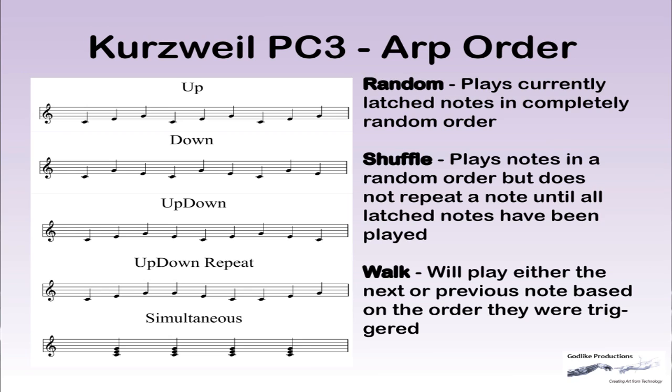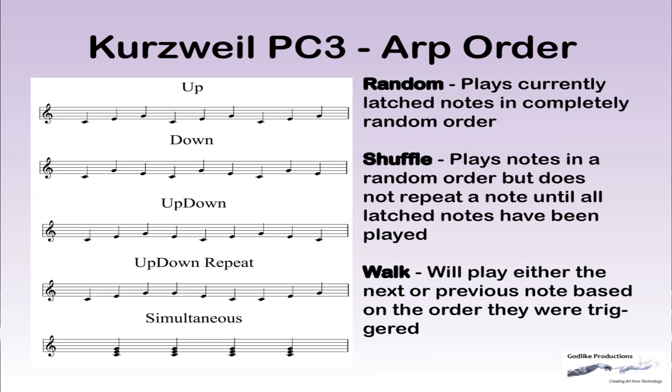Or I'll do a C, G, E, for example, and then I'll add a G and an E above it. That's the order that you push the notes down in, and when you add new notes to it, depending on your latch mode, they'll get incorporated into the arpeggio.